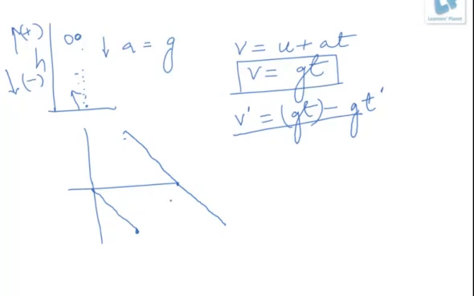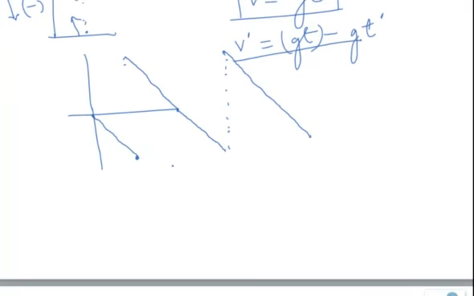So this same thing follows. Then again it collides with the ground, its speed changes the direction, and then it again follows this curve. So this is how the curve will be made between the speed v and time t.